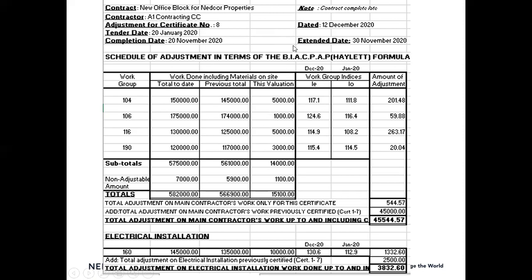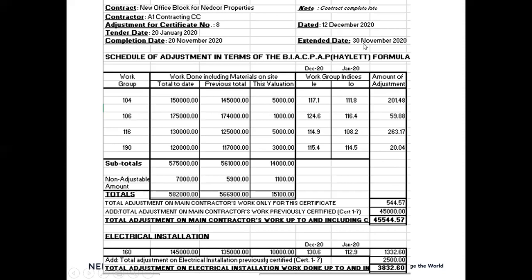If you look at the completion date, that is also predetermined, because in the preliminaries it stated that the project is for, let's say, X months, or it could be stated that the completion date is the 20th of November. So that is fixed. We can't change that. That is already stipulated in the contract data or in the principal agreement.